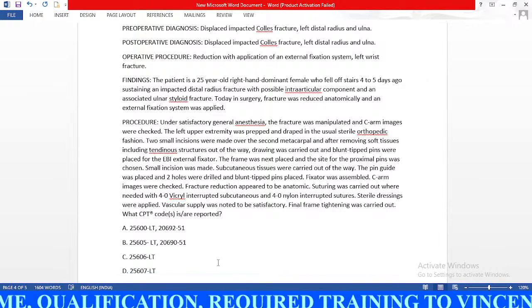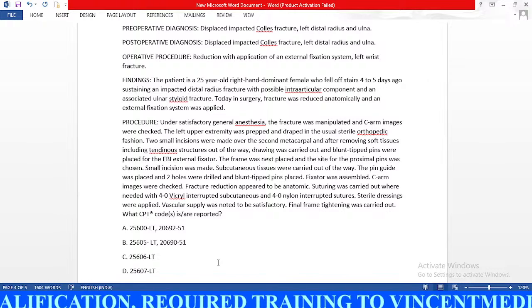So it is very easy, only using the diagnosis also you can find the answer for this.